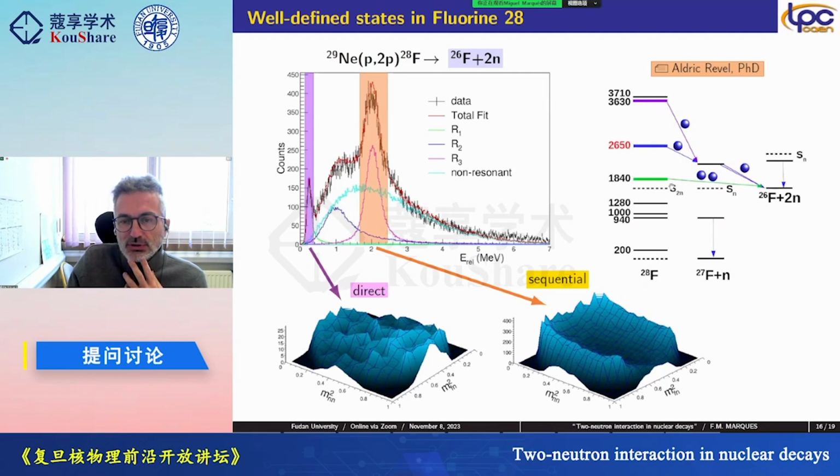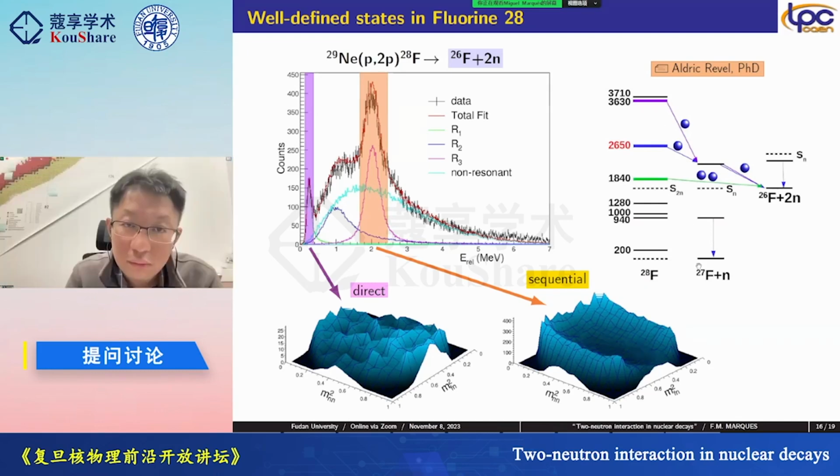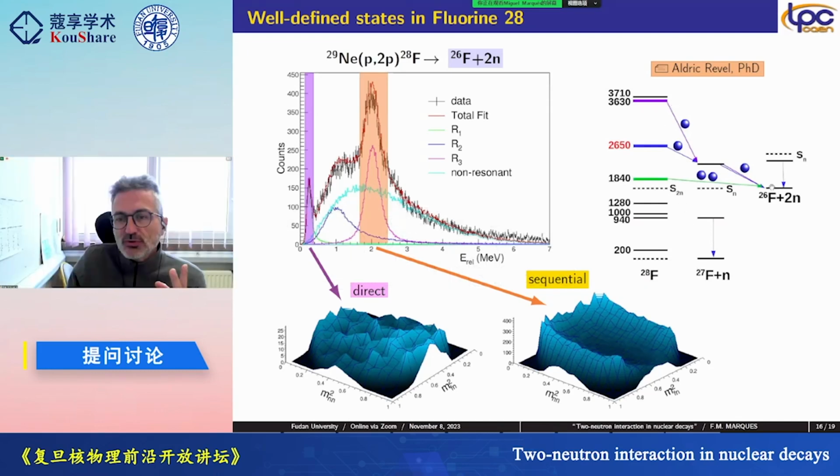So this could also be interesting because some of these states, I think this one and this one, have two branching. So one, they can emit 1 neutron, but they can also emit 2 neutrons. This one sequentially, this one direct. So I think that with this data, we could learn about the structure of these two particular states because we have a lot of constraints.